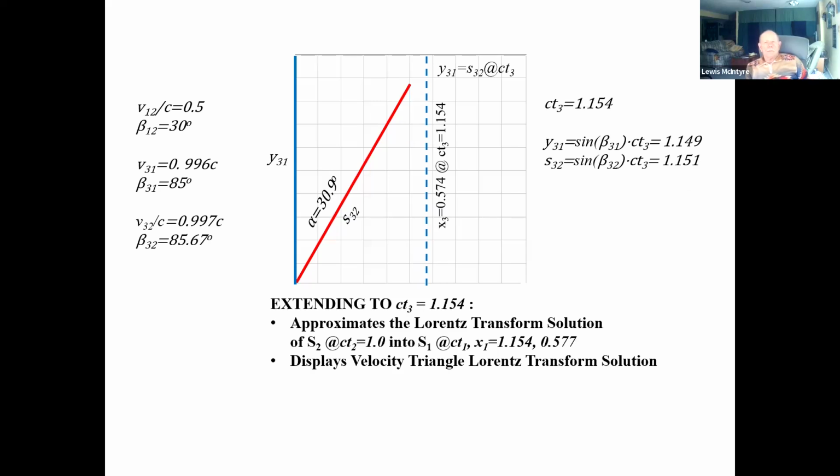We locate a point on the y31 axis equal to S32 at CT3 equal to 1. We erect a temporary x-axis at y31 equal to S32.